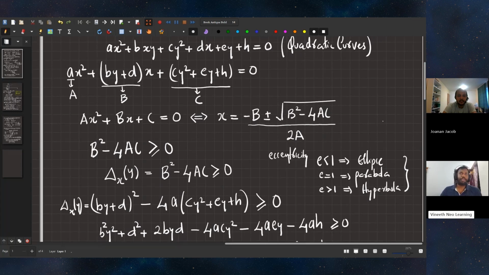That condition results in various sub conditions, which we will see today, that give rise to different kinds of conic sections. That is a purely algebraic classification of the conic sections. In our school days we studied that conic sections can be classified by a geometric number called eccentricity.